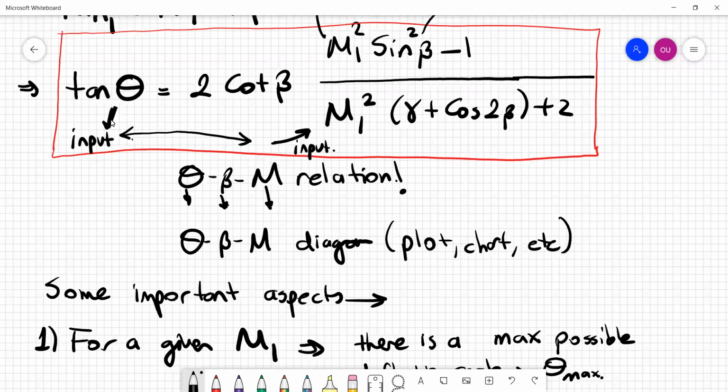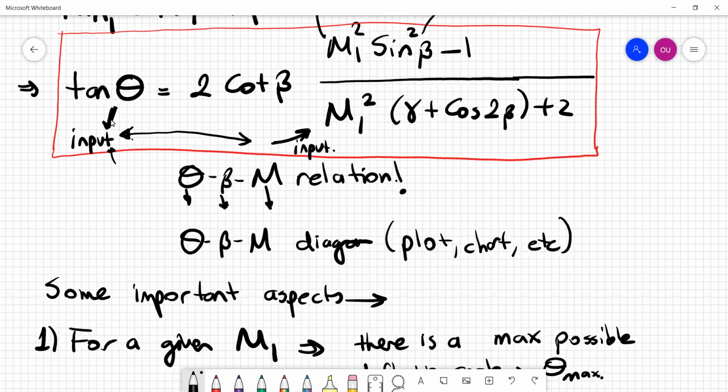For an M1 value, there is a maximum value theta max, and this equation will hold only if theta on the left-hand side is less than that maximum value. If you somehow input a value that is larger than theta max, this equation will not be satisfied. The left-hand side will not be equal to the right-hand side.